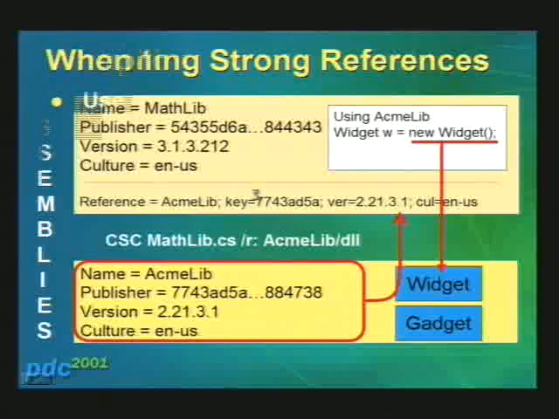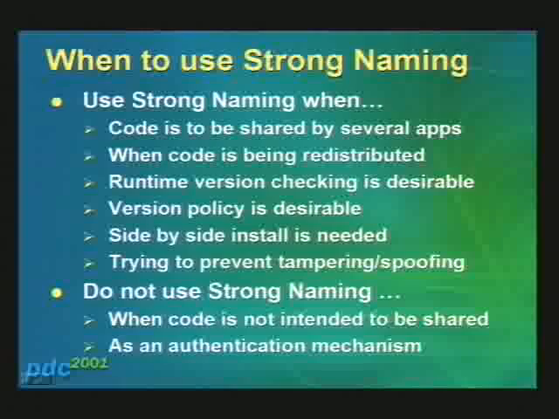So when do we use strong naming? Strong naming is used to uniquely identify assemblies, and so it would be very wise for those of you that are building shared components, or any kind of component that's going to be redistributed, to sign your assembly, to sign your component. You want to be able to uniquely identify it.